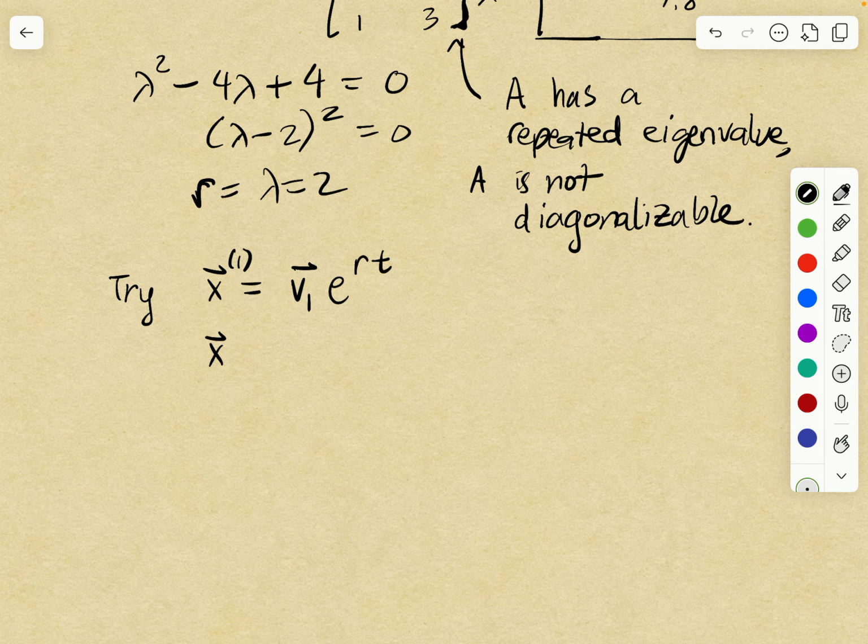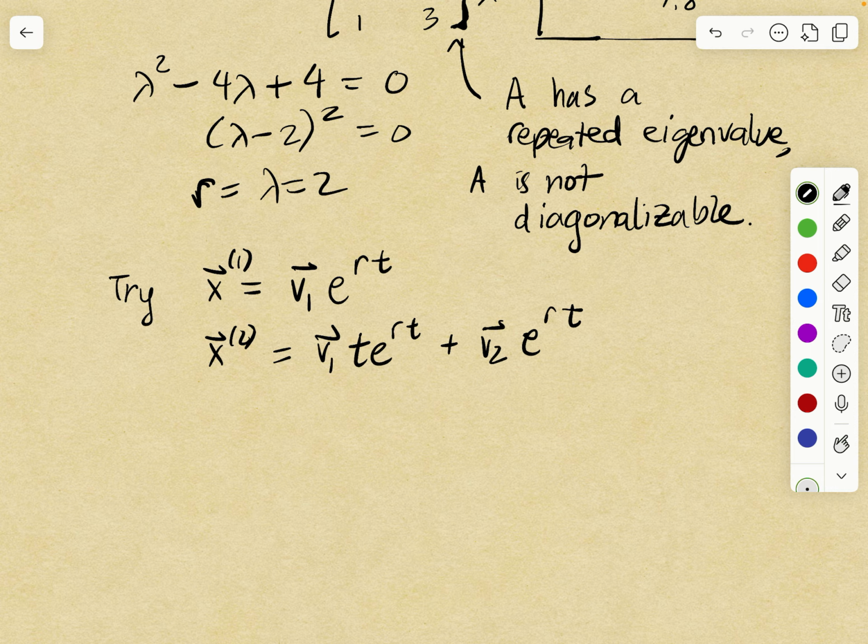The next one, x2, turns out to be v1, the same v1 as in x1, times t e^(rt), plus v2 e^(rt). That's what you do when you have only one eigenvalue r that's repeated.